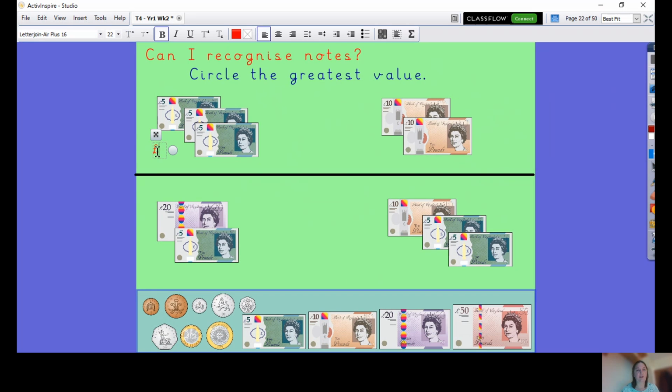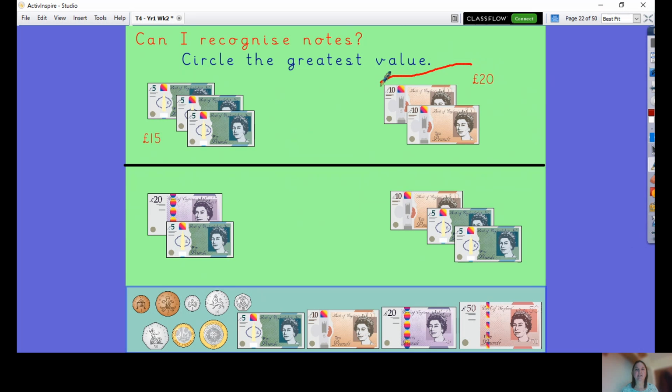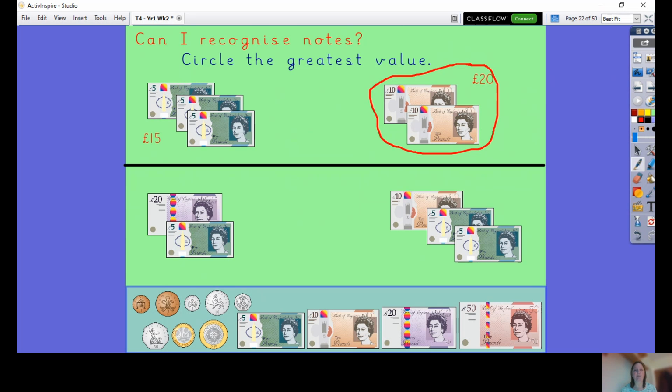This is 15 pounds. Then I'm looking over here and I've got 2 tens. 2 tens are, and I can hear everybody say 20. So 15 and 20, which is the greatest, which is the biggest number? Although it's only 2 notes, these are 2 £10 notes, and that's a greater value than these here.